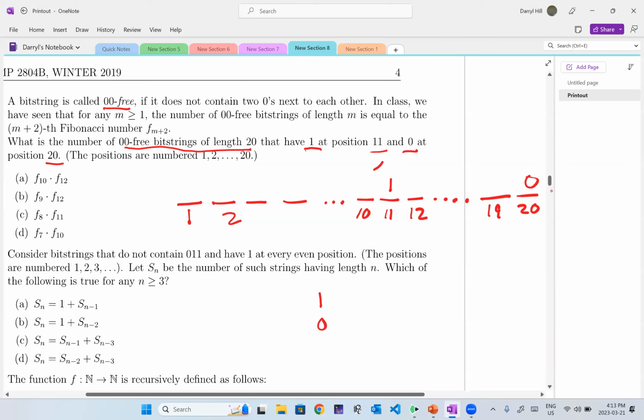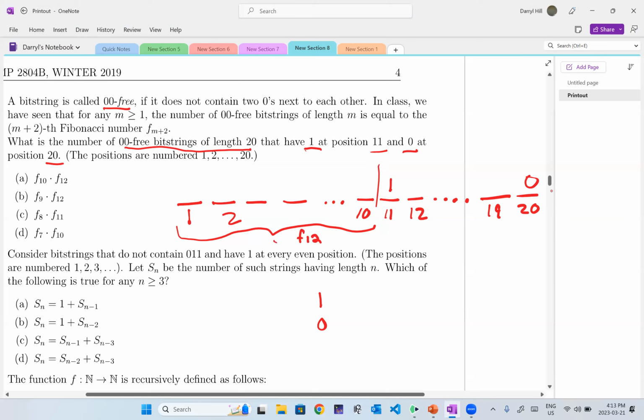So in location 10, I could put a 0 or a 1, which means from locations 1 to 10, I can put 0 or 1 as long as it's 00-free. So the number of these is the number of 00-free bit strings of length 10, which is the 12th Fibonacci number. I'm just counting the number of 00-free bit strings of length 10, because that's what will fit here, and I can accept any of them as long as they're 00-free, because I know there's a 1 at location 11.